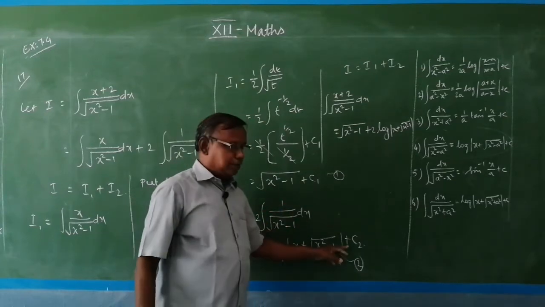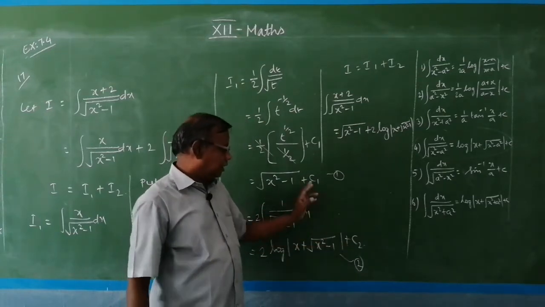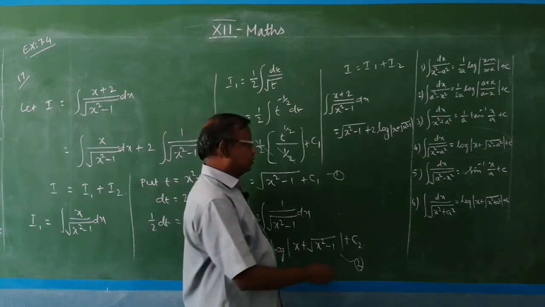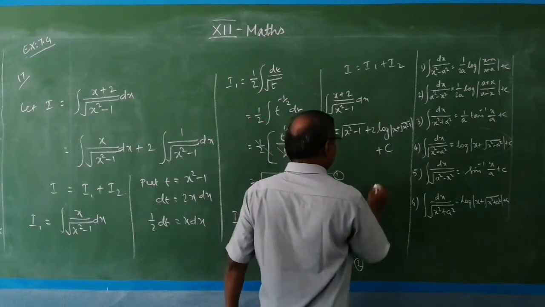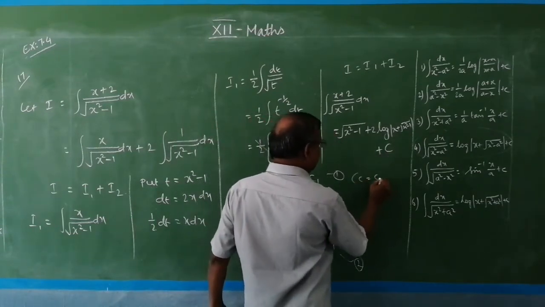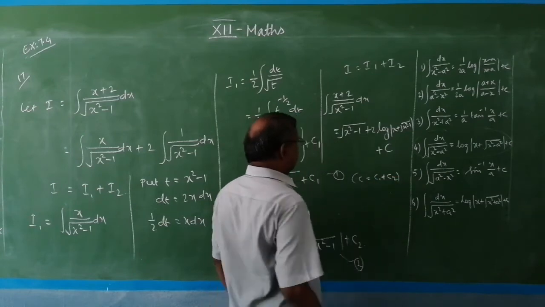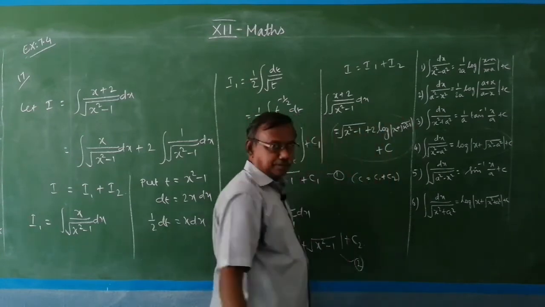Since c1 is a constant and c2 is another constant, combining them is also a constant. So simply put one c, where c equal to c1 plus c2. So this is the answer.